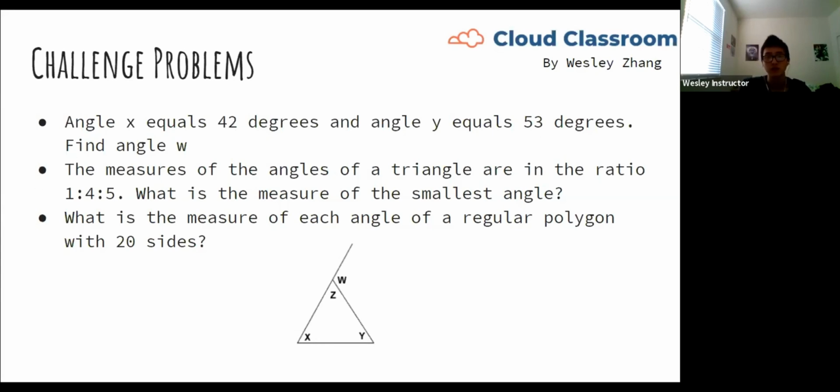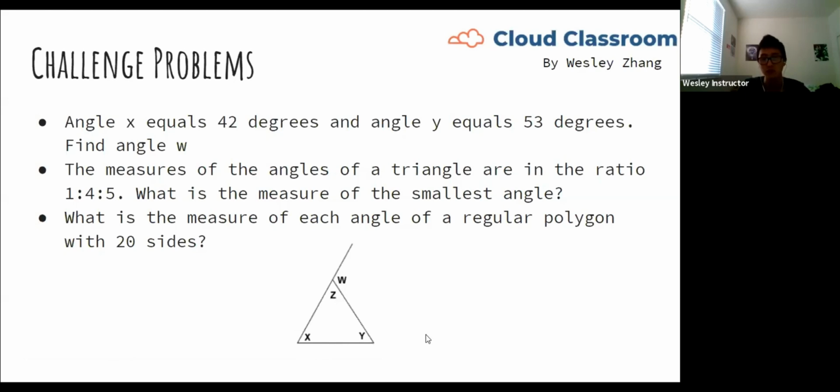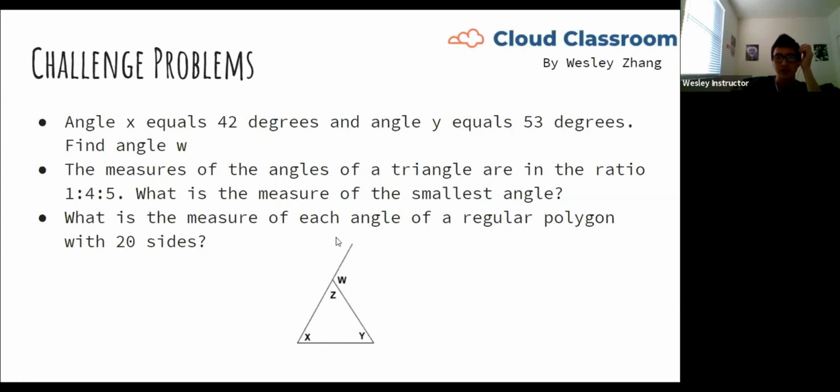Find angle W. Using this diagram, W is the exterior angle and angles X and Y are the two opposite angles, so we just add them up. Using the exterior angle theorem, X plus Y equals W. So 42 plus 53 is 95. So angle W is 95 degrees.